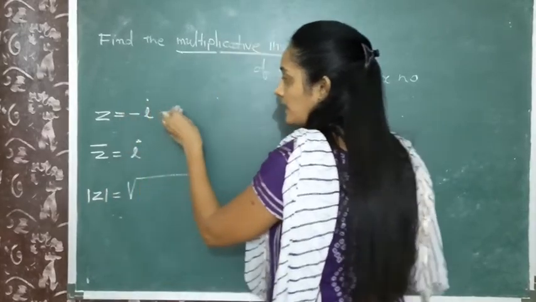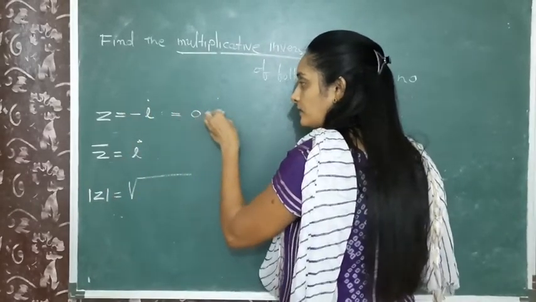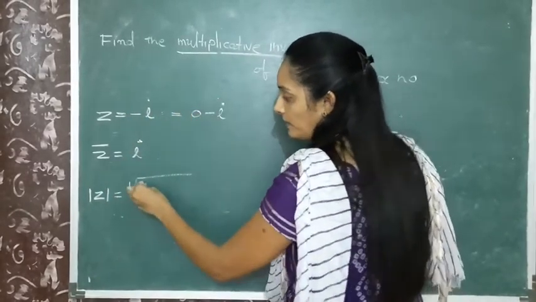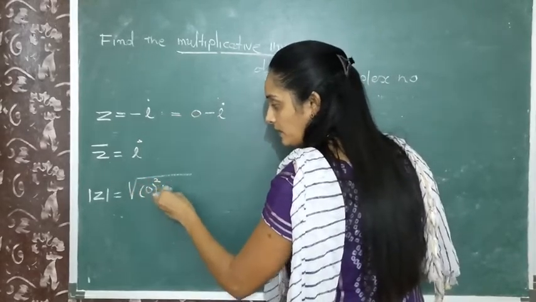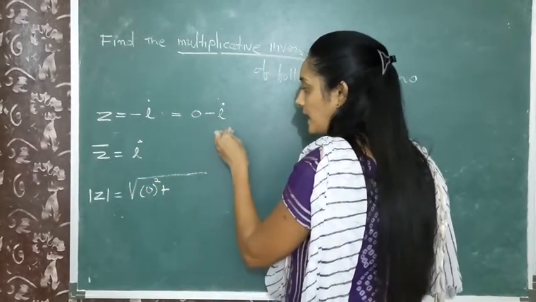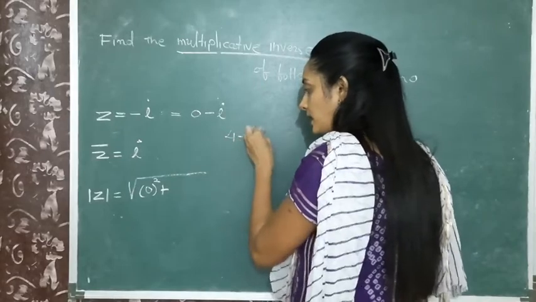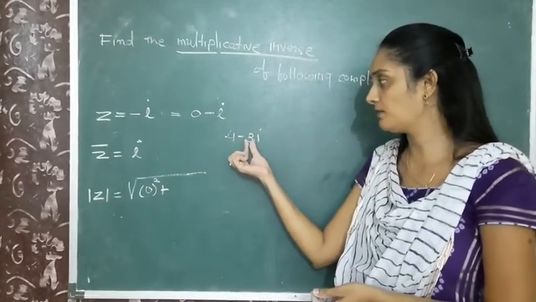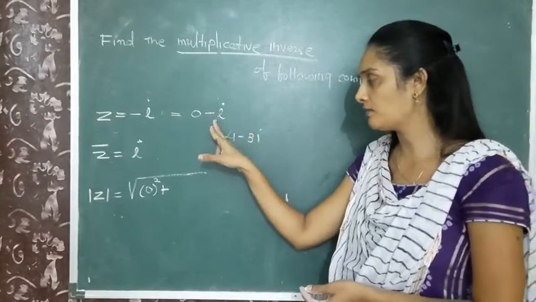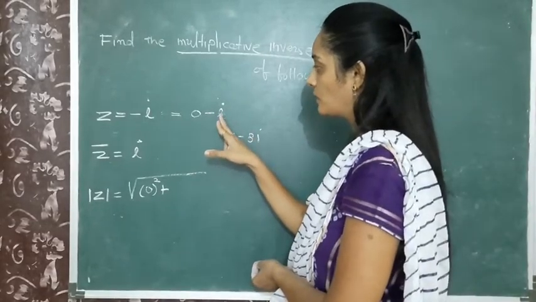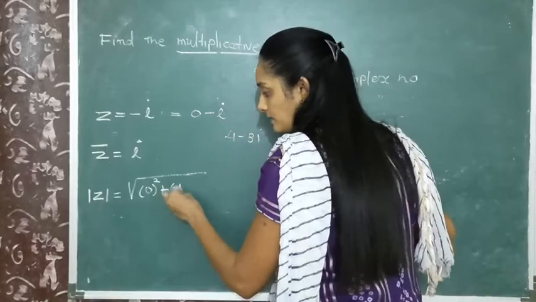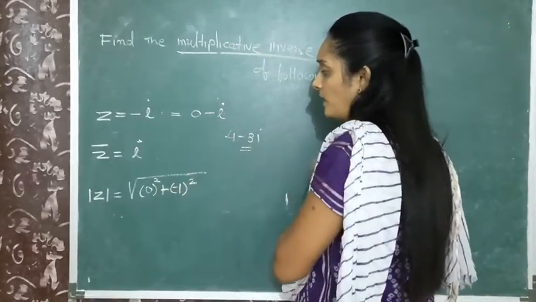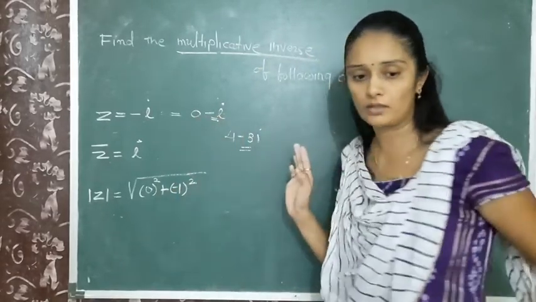Here minus i can also be written as 0 minus 1i, so the real part is 0 and the imaginary part's coefficient is minus 1.